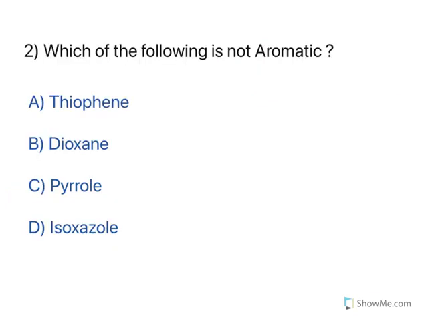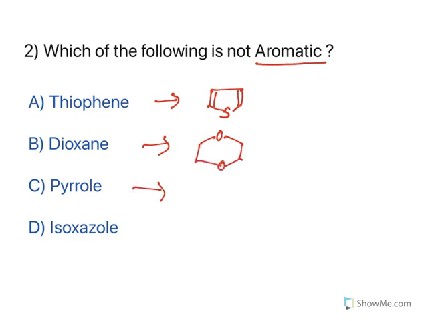Moving further, which of the following is not aromatic? Again, you need to know these heterocyclic rings. Thiophene is a 5-membered heterocyclic ring with sulfur. The next one is dioxane. Di means 2, oxa means oxygen, a 6-membered ring containing oxygen at the 1,4 positions. Next one is pyrrole.